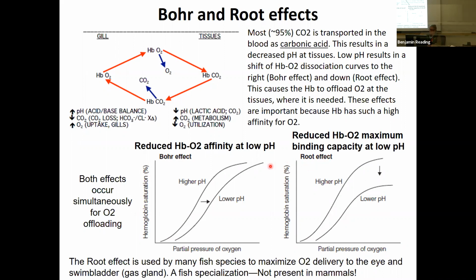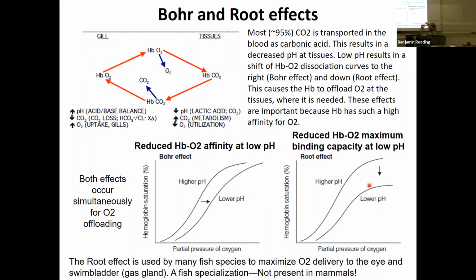And what this says is this: at a low pH, the affinity of hemoglobin for oxygen decreases. Hemoglobin is going to want to offload oxygen at a lower pH. What the root effect says is that not only are you going to have a lower affinity at a lower pH for oxygen, you physically can't bind as much oxygen.